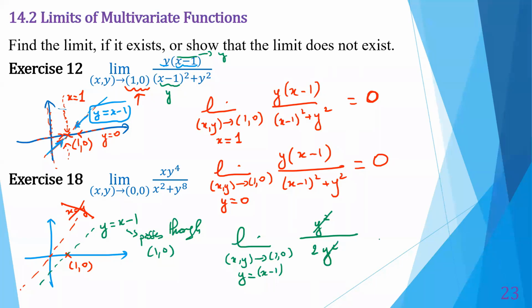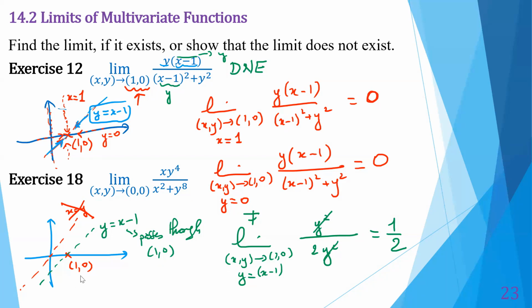I can simplify. So what is the limit? It's a half. Here we see that following a different path, we get a different limit. So this limit also does not exist.